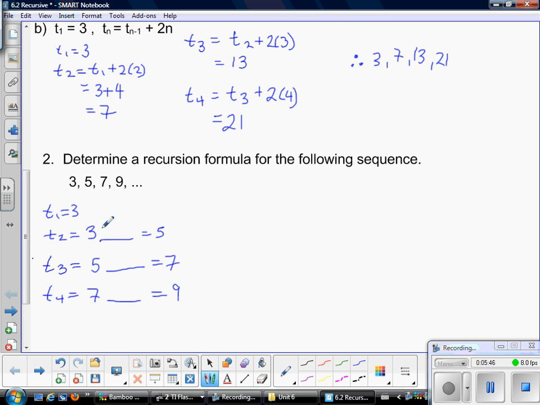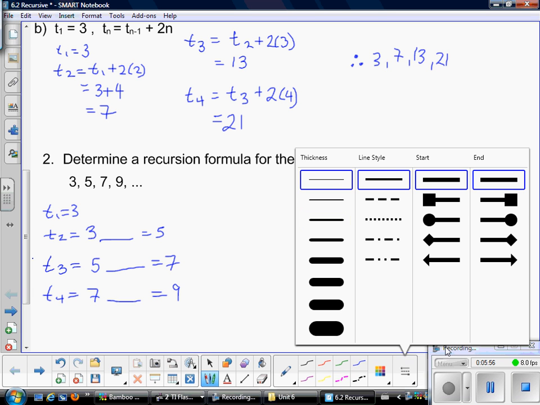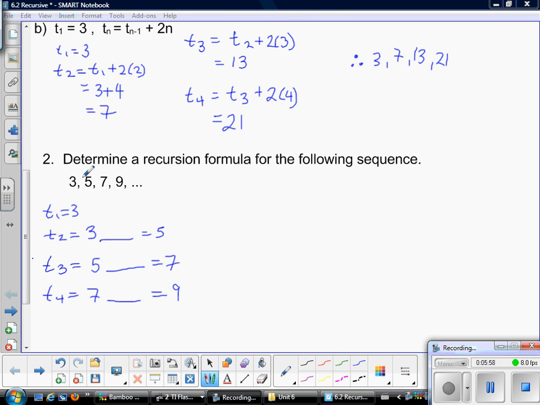So what do we have to do each time to make this work? We discovered that if we took each term and added 2, it worked. So 3 plus 2, plus 2, plus 2.